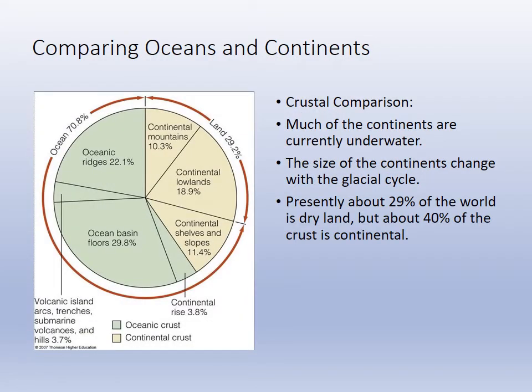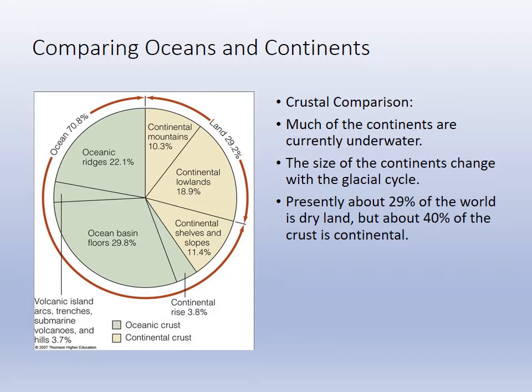This is a very telling pie chart. The ocean, which makes up 70.8% of Earth's surface, covers 11.4% of the continents. The continents extend out into the ocean, so as glaciers recede, grow, recede, it's exposed, covered, exposed.